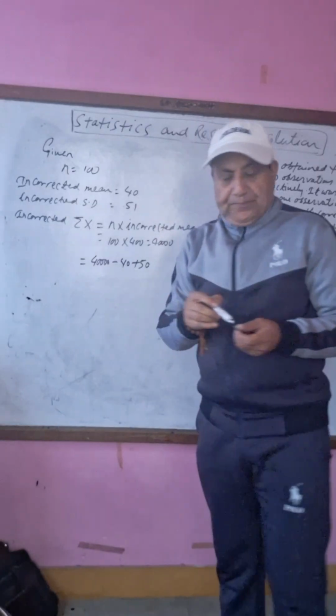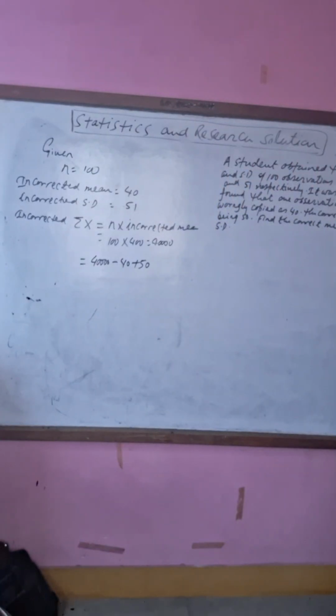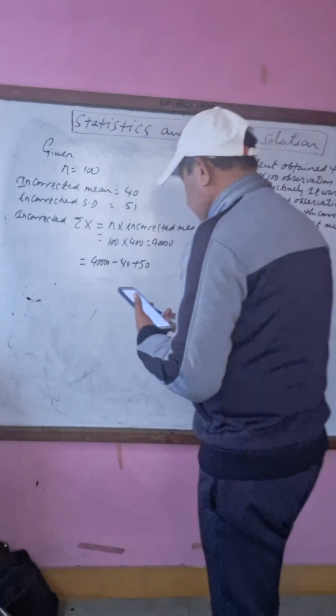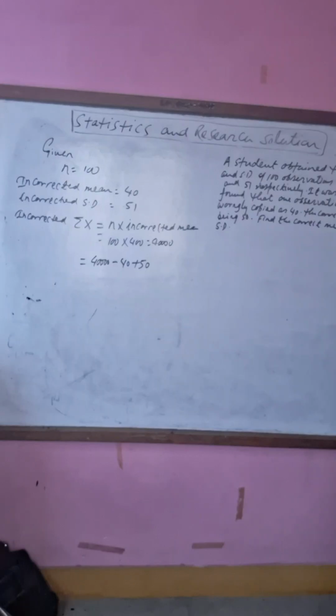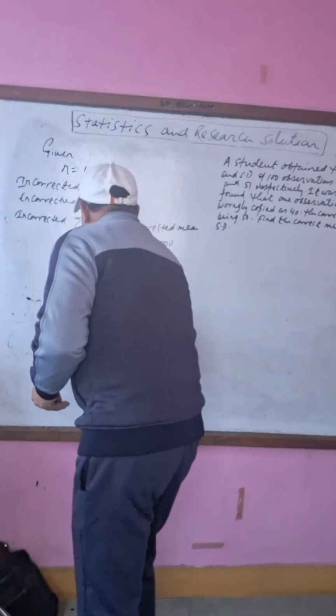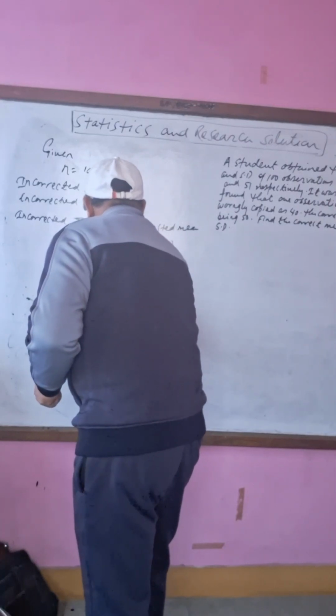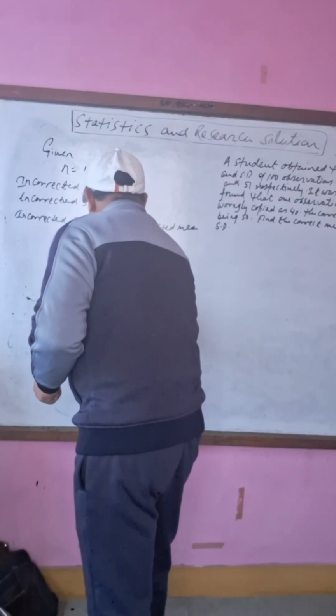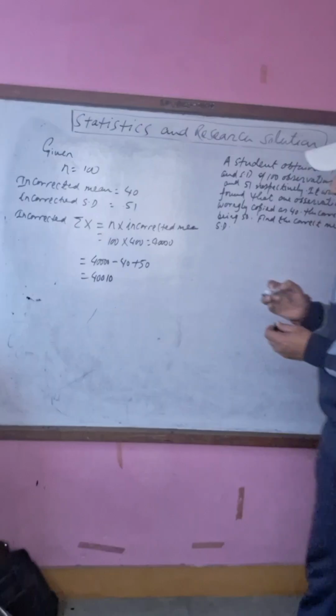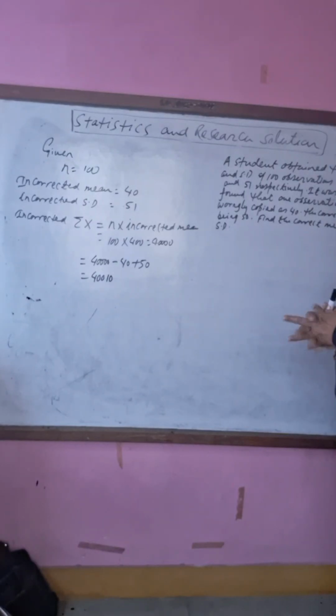What is the value of this? 4,000 minus 40 plus 50 gives 4,010. Okay, 4,010 we get.